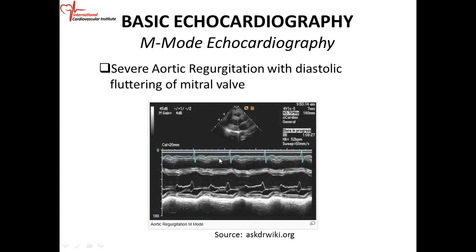So this is the RV wall right there. The RV cavity is below that. This is the septum. And this is the posterior wall down here, and then this is the mitral valve. The mitral valve opens in diastole, closing in systole, opens in diastole, closing in systole, opening in diastole.